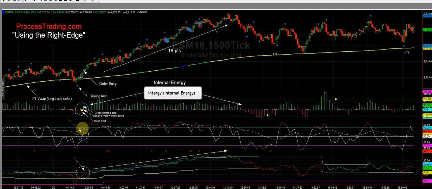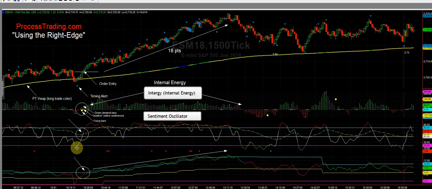The next of the discretionary indicators is a sentiment oscillator. Now, if you've looked at this oscillator through these daily setup videos or over at ProcessTrading.com on the website, you know that this is just a killer indicator.